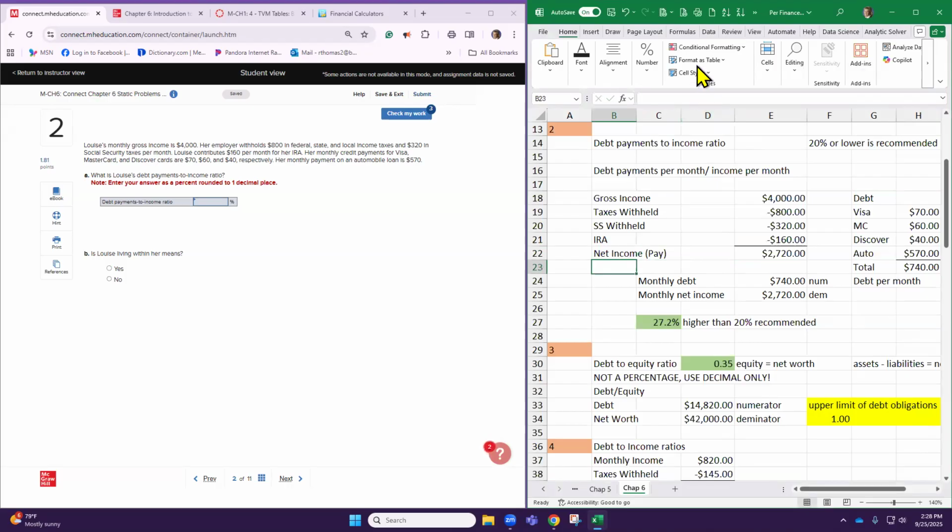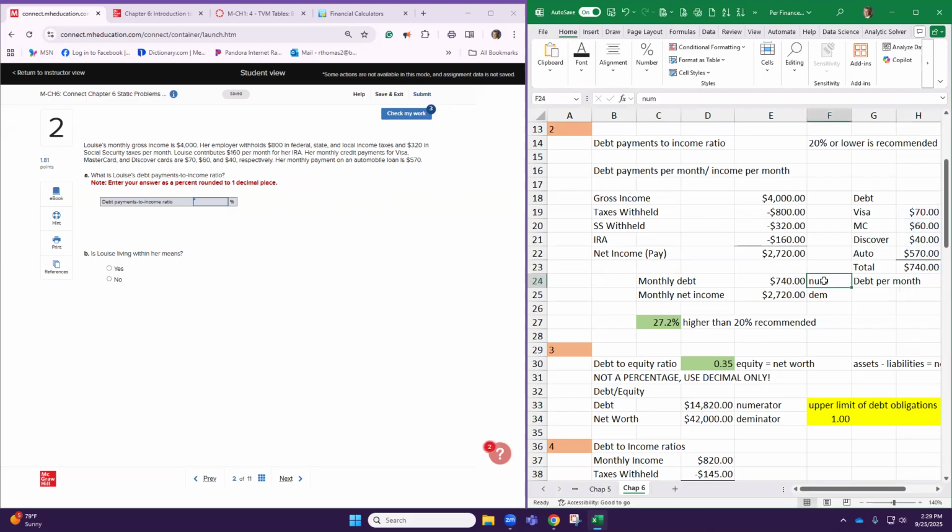The formula is the debt payments to income ratio. If this is her monthly income, now we're going to list her debt for the month. She has a Visa, MasterCard, and Discover, and she makes payments of 70, 60, and 40, and her monthly automobile payment is $570. I have those 4 items here, and they add up to $740.